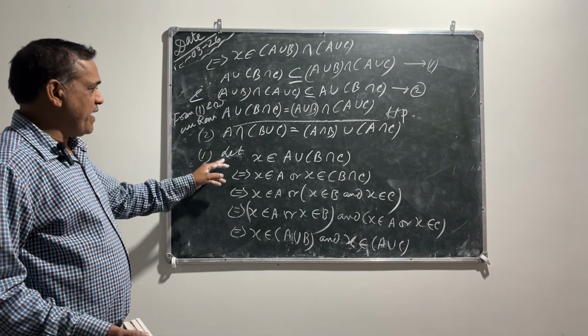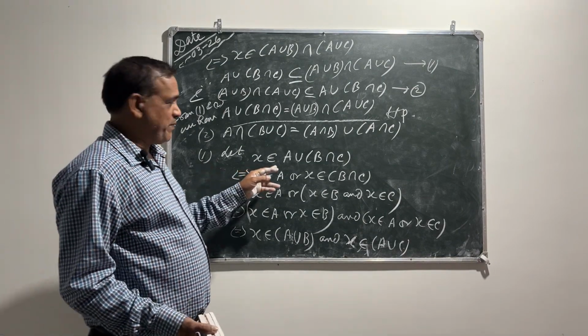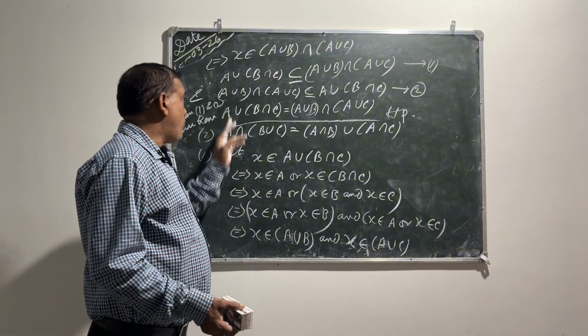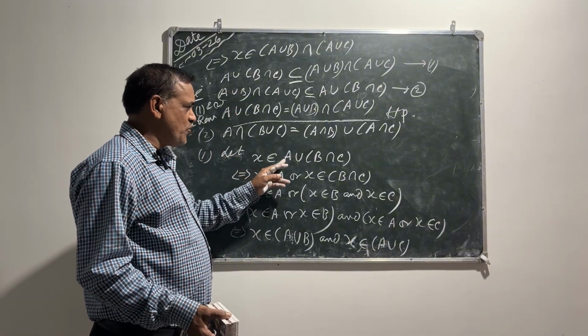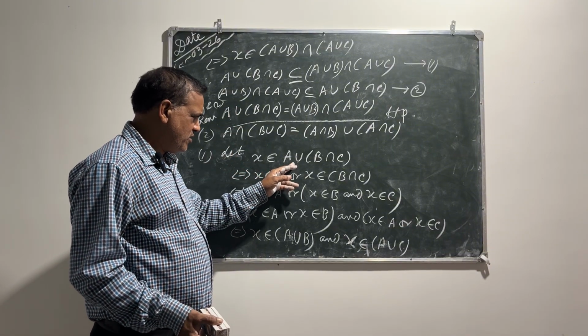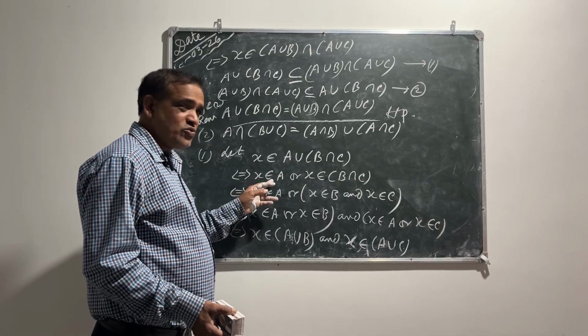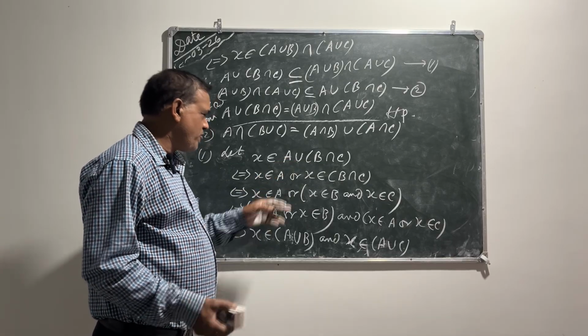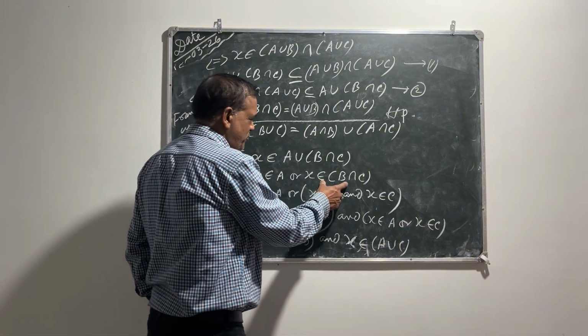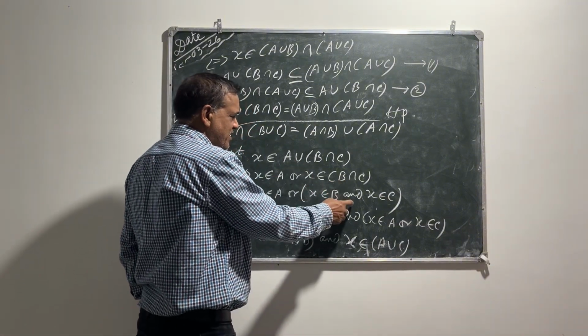So from the beginning once again, I want to explain it. For this first proof, X belongs to A union, within the first bracket, B intersection C. That can be written as X belongs to A or X belongs to B intersection C. For intersection it will be and.